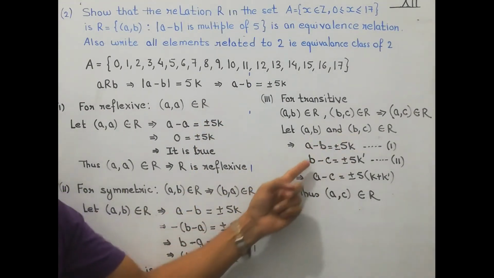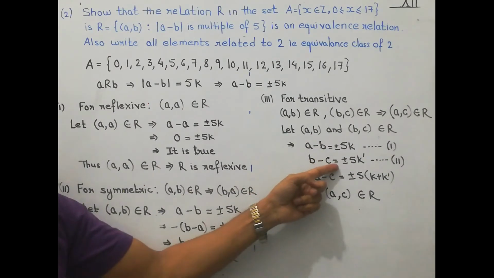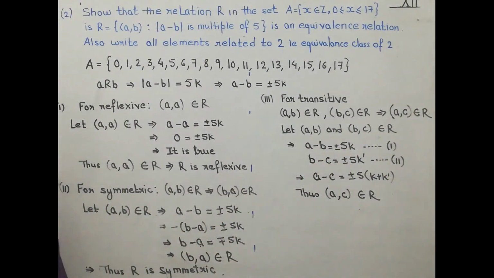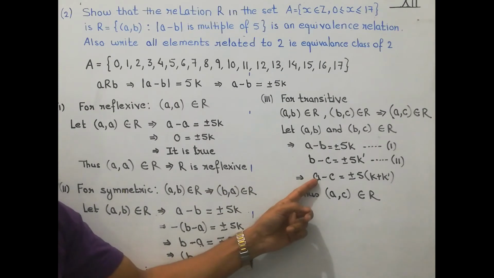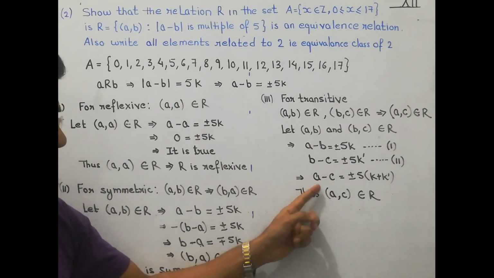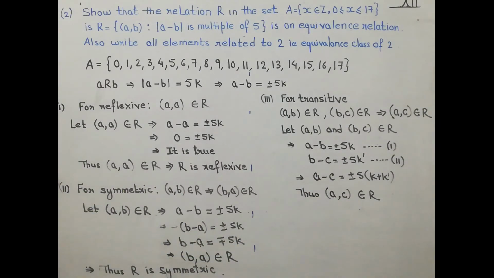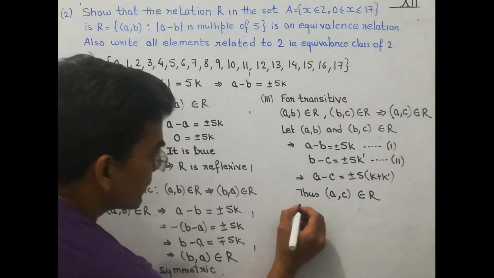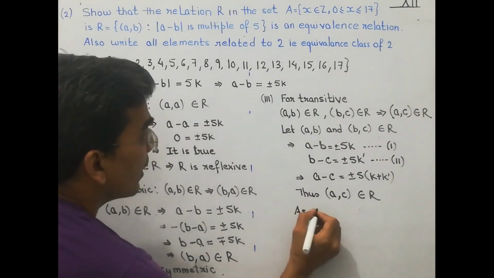When (b, c) was belonging to the relation, b minus c was a multiple of 5. So on arranging it, we are getting a minus c is a multiple of 5. So we can say that (a, c) belongs to R. So that means the relation is transitive.